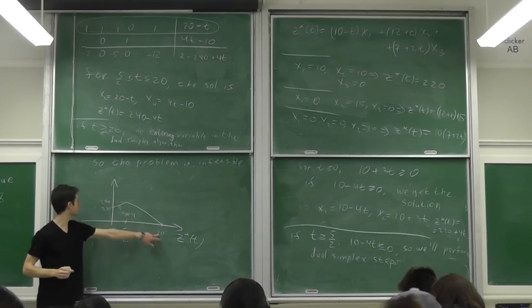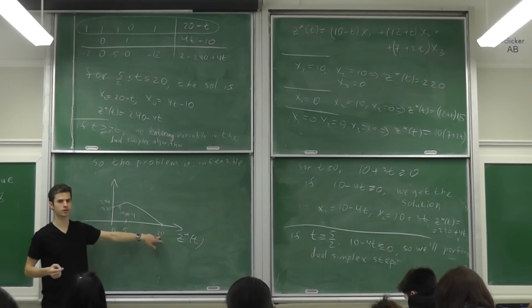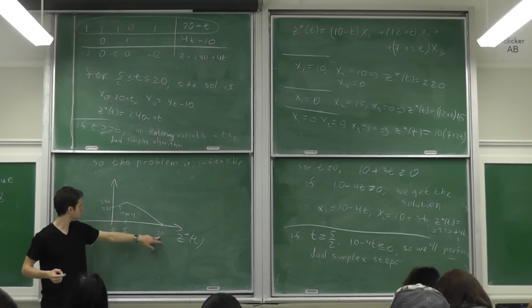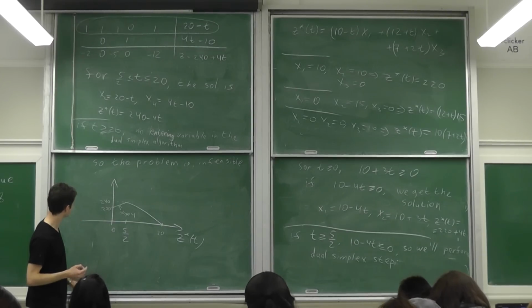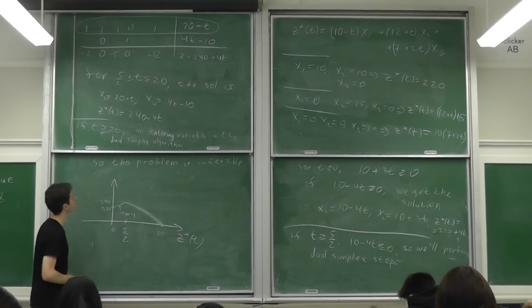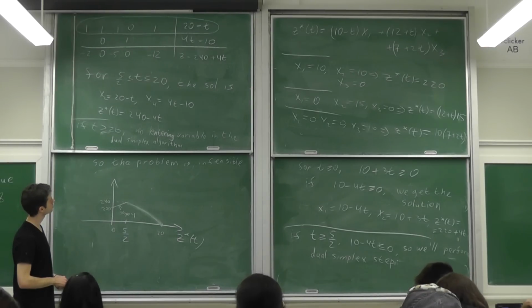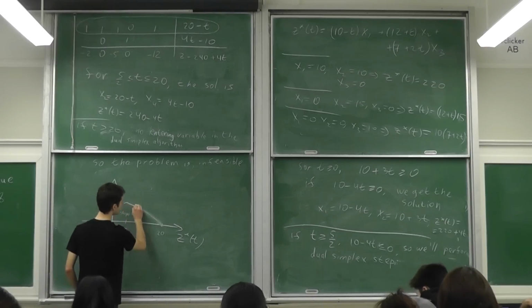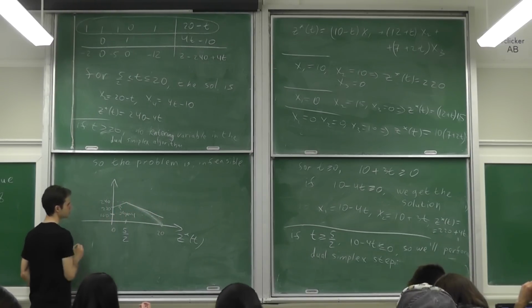When t is equal to 20, we get 240 minus 4 times 20, which is 160.